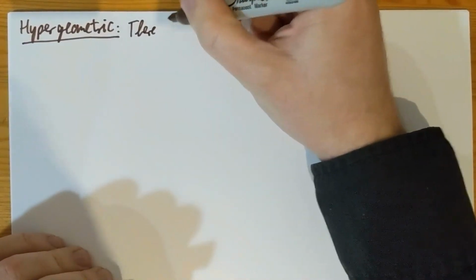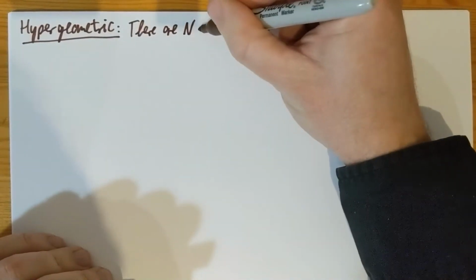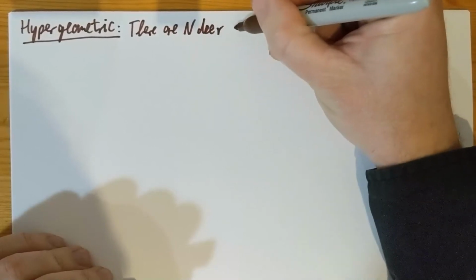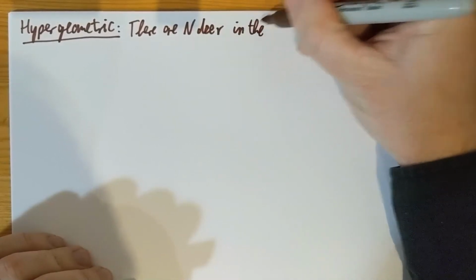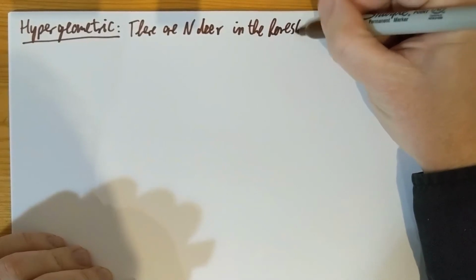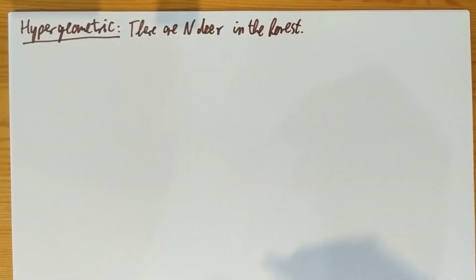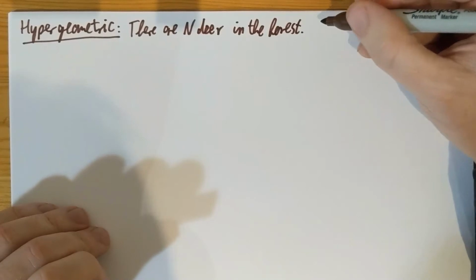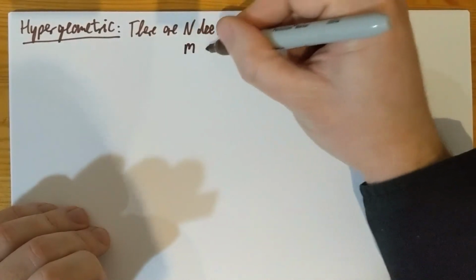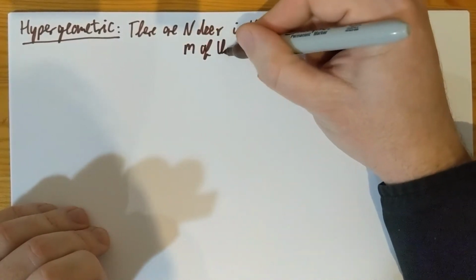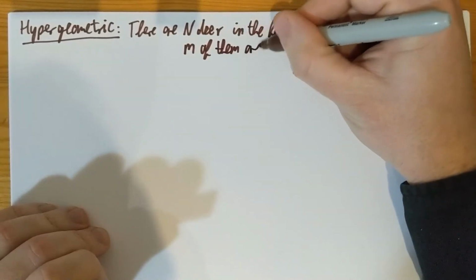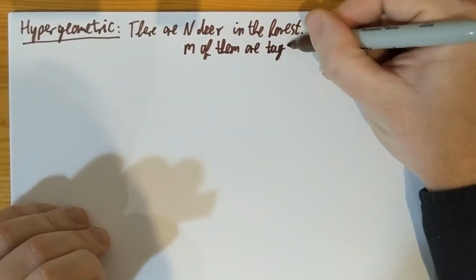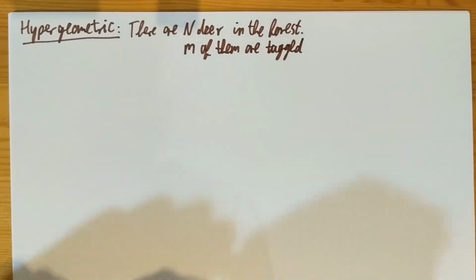There are n deer in the forest. Okay? And m of these deer are tagged. So we tag m of them, then we release those m back into the forest. We assume that they mix well with the population of deer.